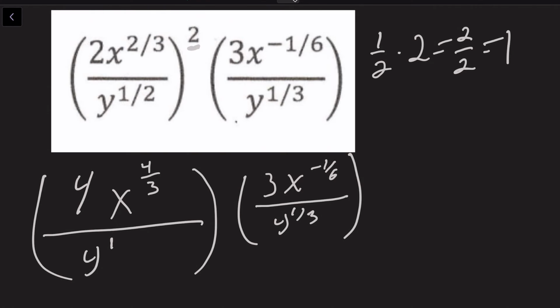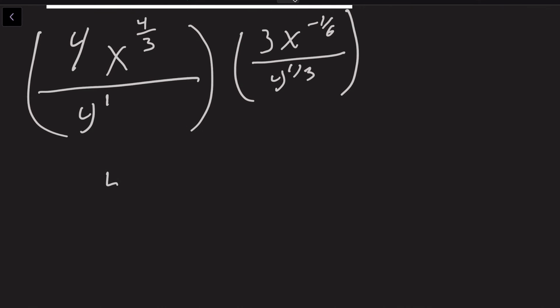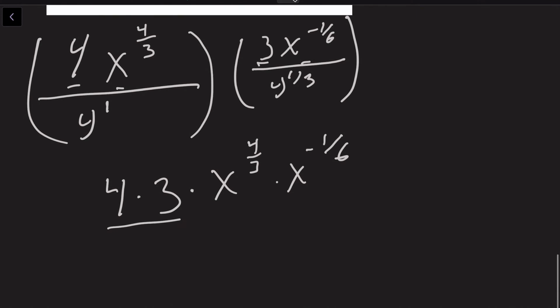The next thing I want to do is combine our two fractions into one. This is multiplication, so we can just create one long fraction. 4 times 3, times now our x's, x to the 4/3 times x to the negative 1/6, over y times y to the 1/3.